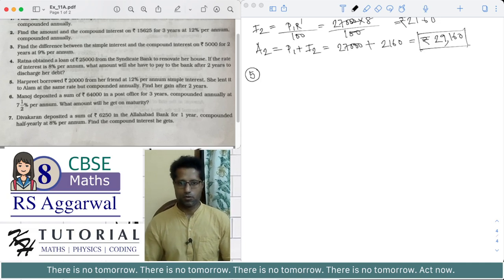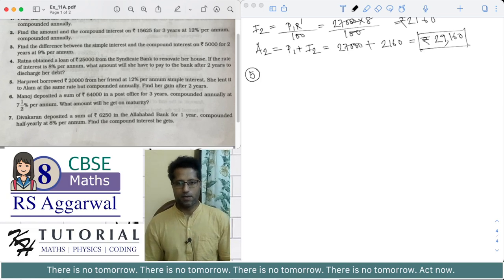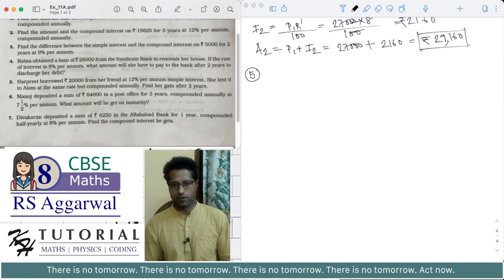So Harpreet borrowed 20,000 from her friend. After 2 years, she will have to pay back some amount to her friend, including the simple interest. Let that amount be A, and let B be the amount that Harpreet will receive from Alam at the end of 2 years based on compound interest.